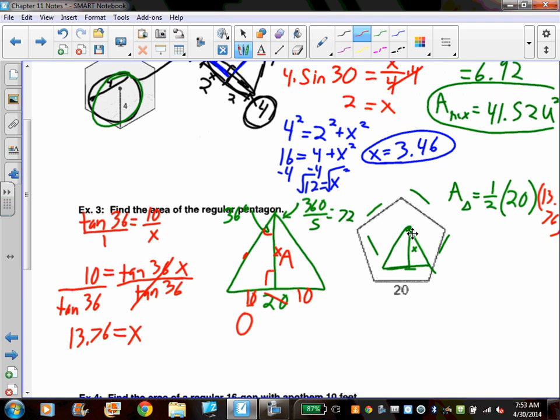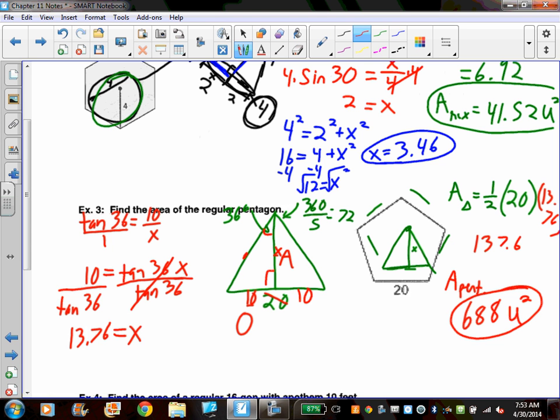So if we type in 0.5 times 20 times 13.76, that's giving us 137.6 as the area of one triangle. So to get the area of the pentagon, you're going to take that number, multiply by 5, giving you about 688. In this case, we have units squared.